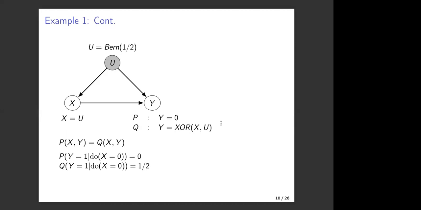So you can check very easily that P(x,y) equals Q(x,y). You can set X equal to 0, Y equal to 0, and you can see that P(X=0, Y=0) in both cases is half.